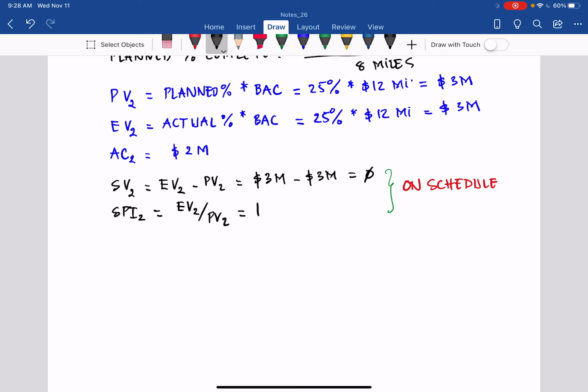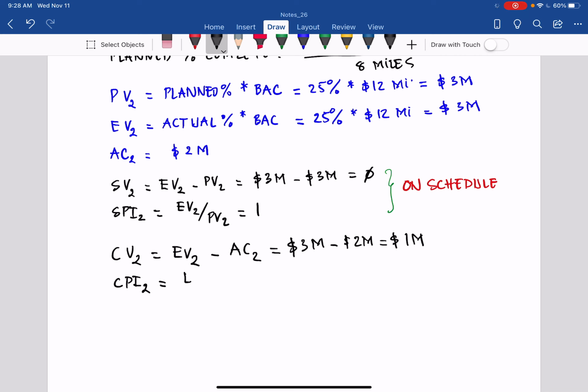Similarly, we can find the cost performance. CV2 equals what you earned minus what you spent, the actual cost. So we have 3 million minus 2 million, equal to 1 million. Or we can compute CPI, cost performance index, after 2 months.